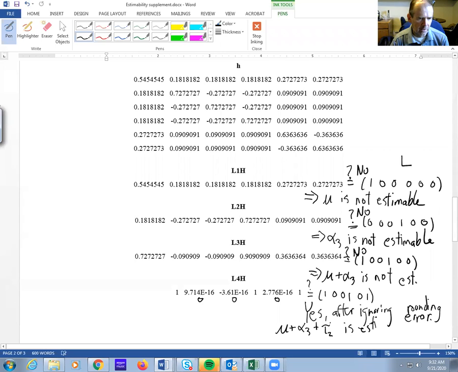So it's regardless of the G inverse that we use, that quantity has a unique estimator. Hey, Matt. Yeah.